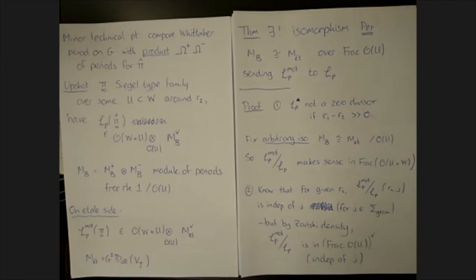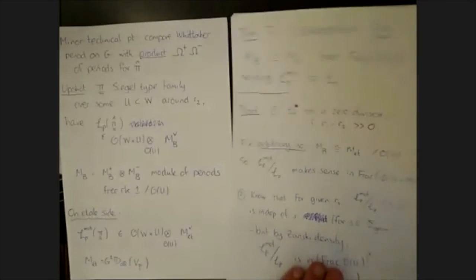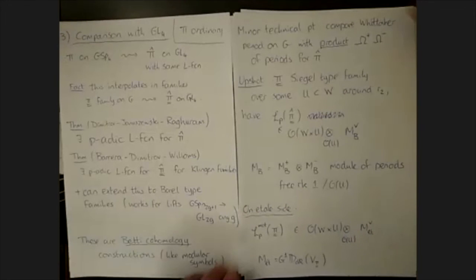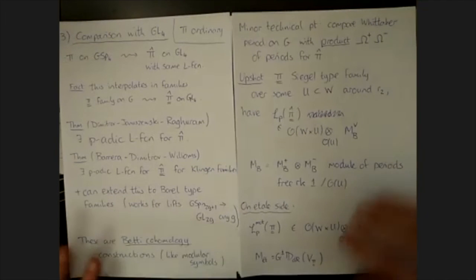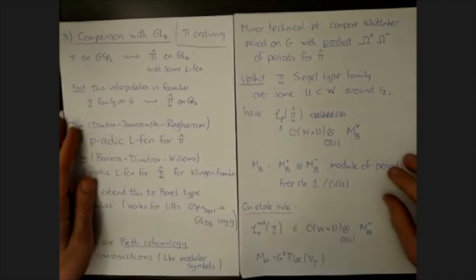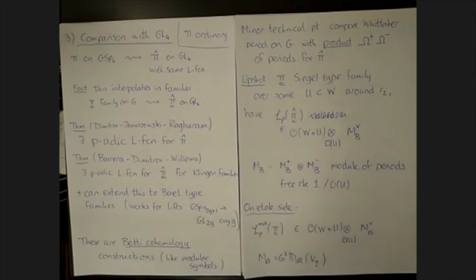Thank you very much. So David, just a question, maybe it's stupid, just to understand a little bit better those periods. This transfer from GSp4 to GL4 works well in families, right? Yes. And this MB is a tensor product of two eigenspaces of the Betti homology for GL4? Yes, the plus and the minus subspaces for complex conjugation.